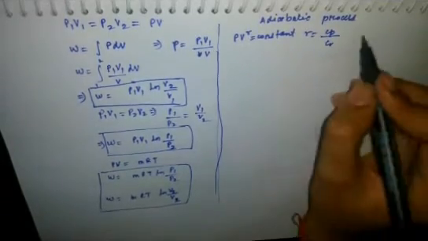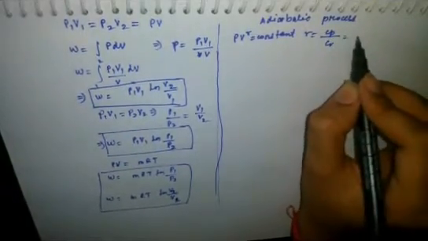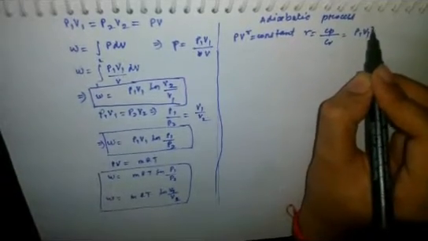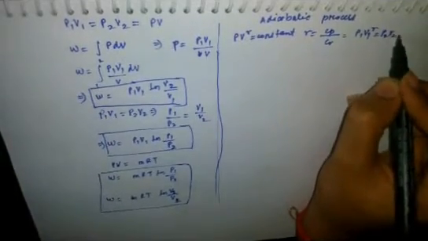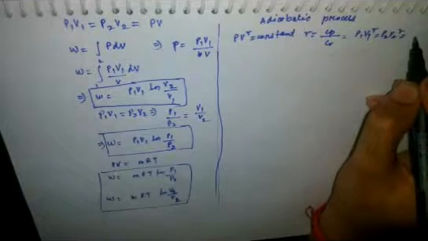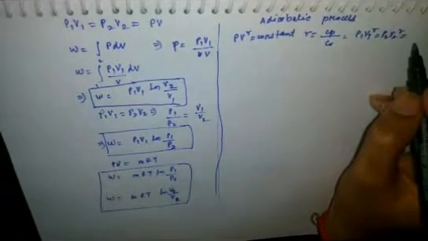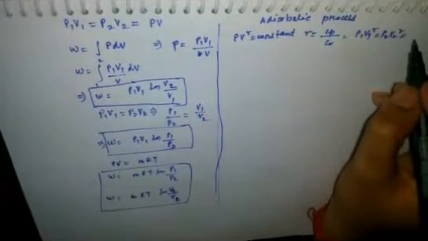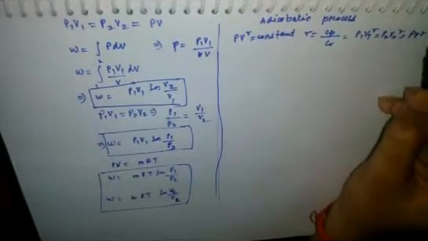So by this we can write P1 V1 to the power gamma is equal to P2 V2 to the power gamma is equal to P into V to the power gamma.